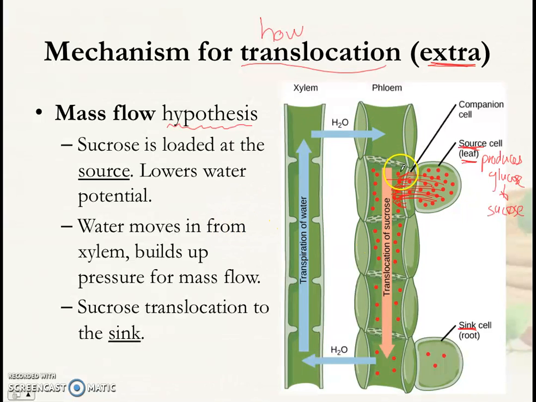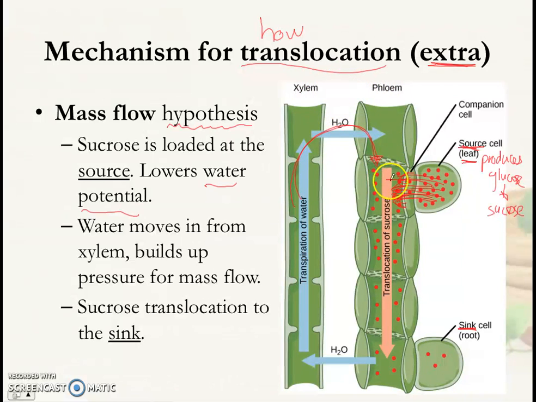Now what happens then is that this part of the phloem, near the source, has a lower water potential, because there's a lot of sucrose there now. This causes water to move in from the xylem, from higher water potential to lower water potential by osmosis. The xylem is near the phloem; we'll see that next week.